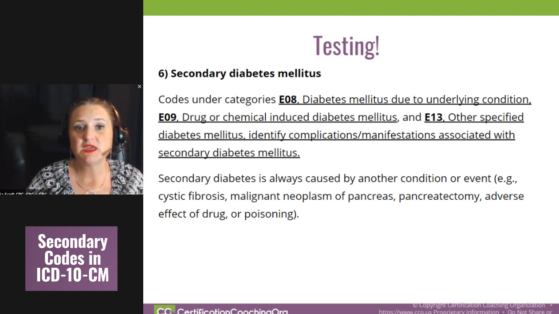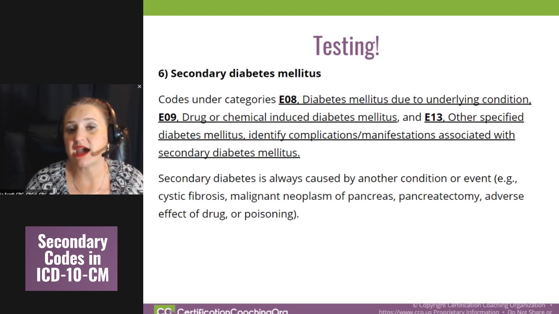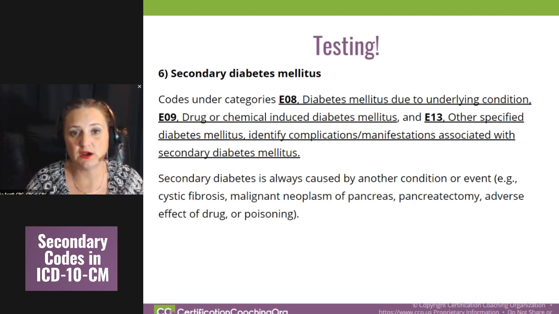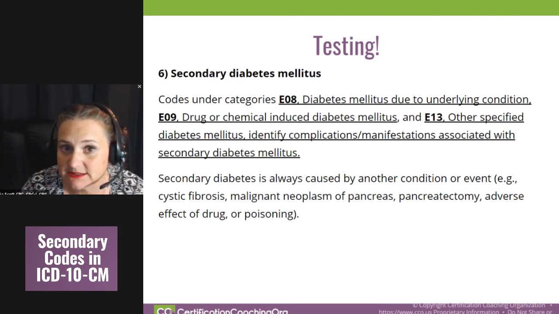Okay, so let's say the patient has a mass on their pancreas and their pancreas is inflamed and irritated, or they get pancreatitis and then their sugars go crazy and their body becomes diabetic. You have to understand the definition of what diabetes is. Once the irritation goes down, the pancreatitis is treated, and the blood sugars normalize, they're no longer an E08.